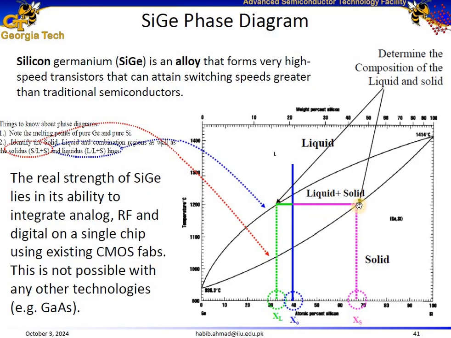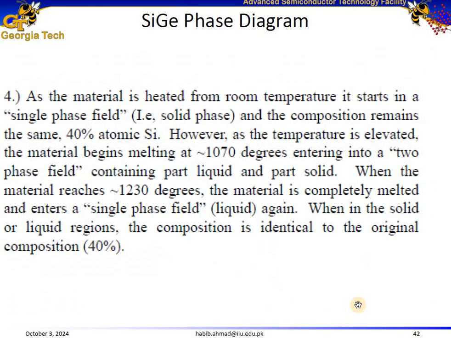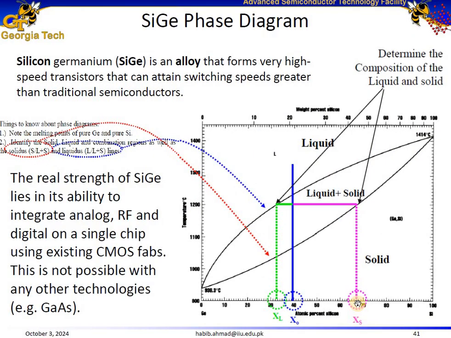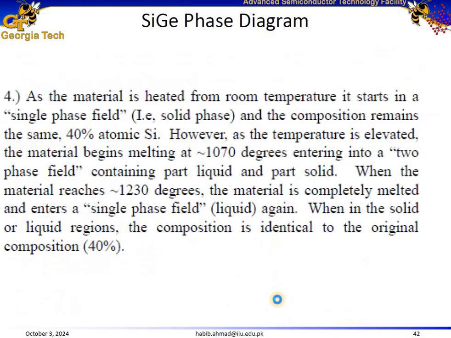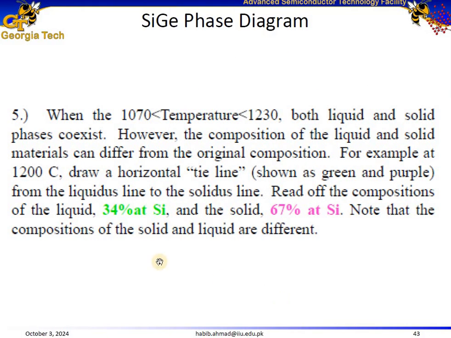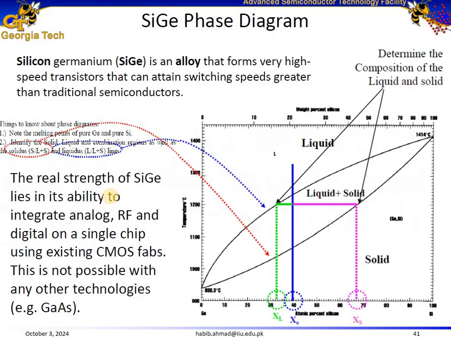This purple line intersects the solidus line at this composition, which is approximately 67%. Similarly, this green line intersects the liquidus line at this composition, which I would say is 33%.